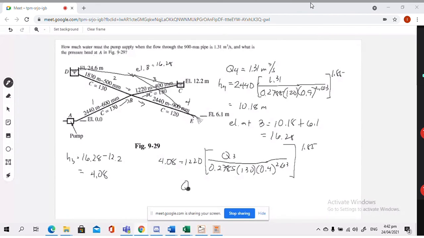So one equation in terms of Q3. Okay, so you will have Q3 which is equal to 0.149.